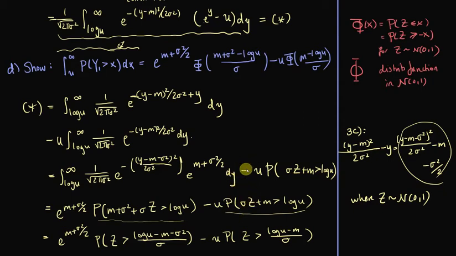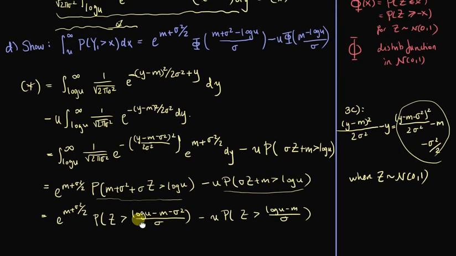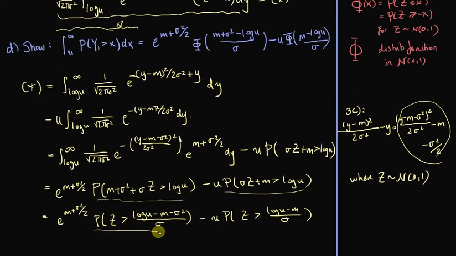Now, due to the symmetry of the normal distribution, we now recognize this expression as phi of minus what we have here, and this expression as phi of minus what we have here.